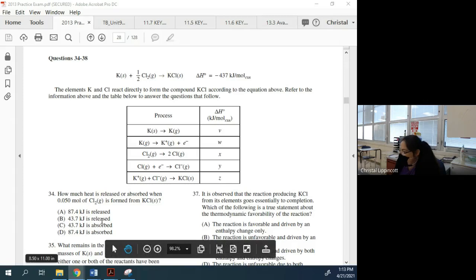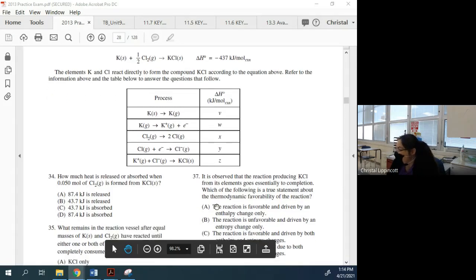Exactly. So because of that, we are going to get rid of the top two here, okay? Because it's not going to be released. Do you see how I can easily eliminate those two?